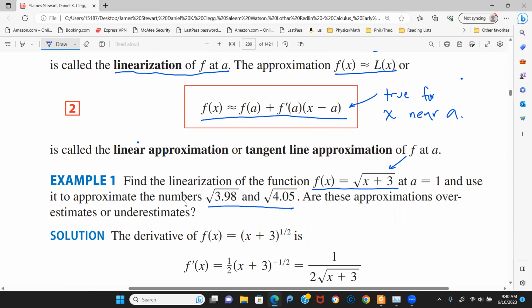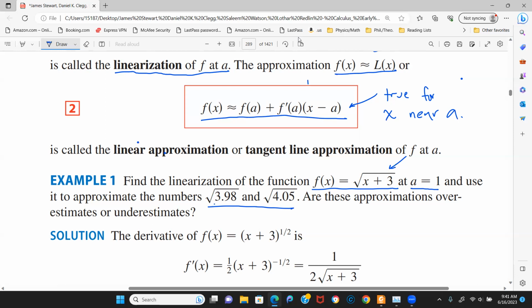So what we need to do is find the tangent line at points near 3.98 and 4.05. And I guess what we would choose is the tangent line at 4. So we want to take the linearization at a equals 1. When a is equal to 1, we have square root of 4, so the function is equal to 2 at that point.